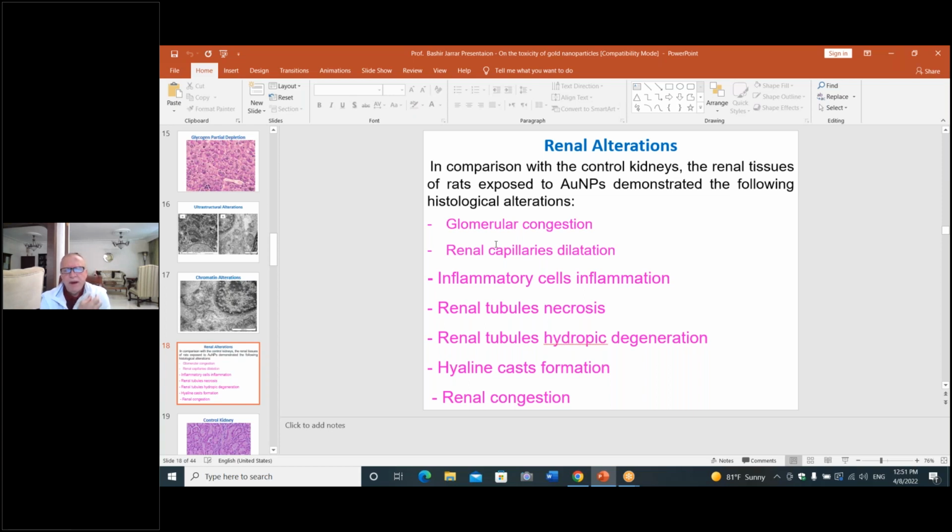This is a part of the functional unit of the kidney, which is responsible for the filtration of blood to excrete the waste products. And in each kidney, we have more than 1 million glomeruli. So these are the sites for the filtration of blood and to form the urine.